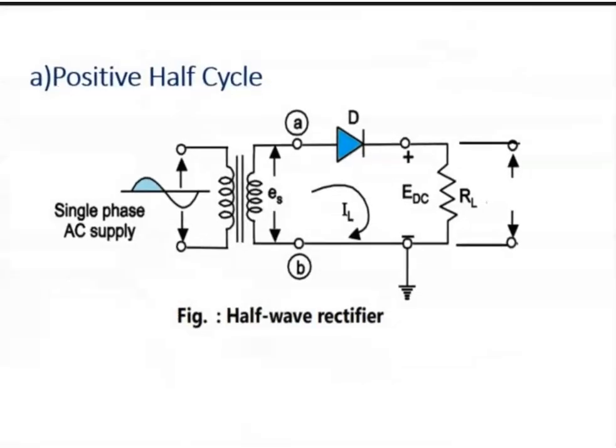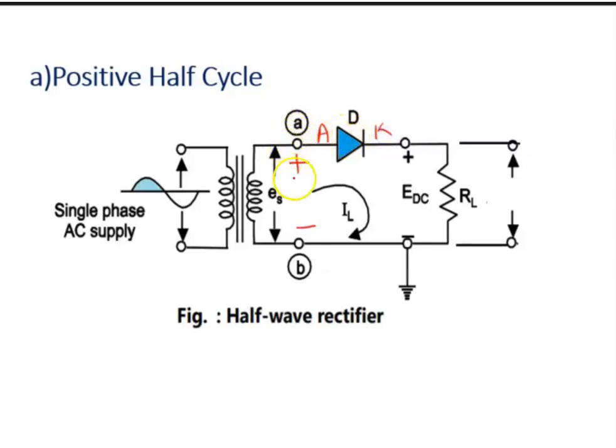Now let's see the operation of the circuit in the positive half cycle. During the positive half cycle of the secondary AC voltage, the terminal A is positive with respect to B. So the diode gets forward biased. This is the diode, this is the anode terminal, this is the cathode terminal.